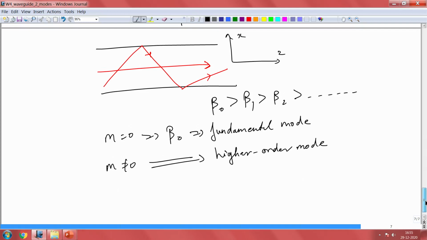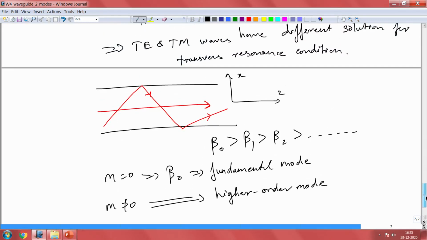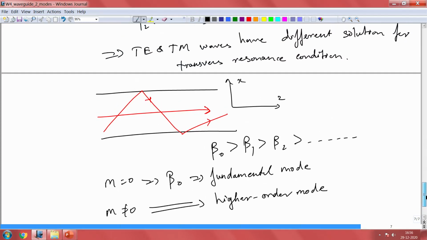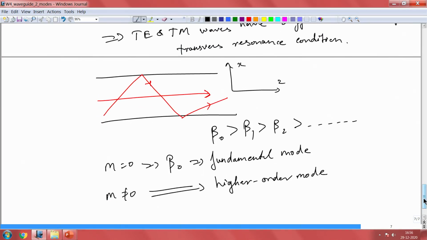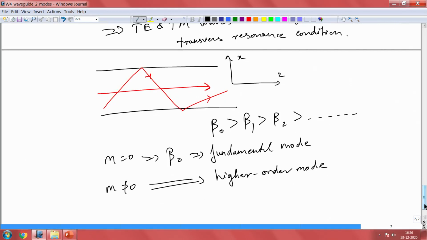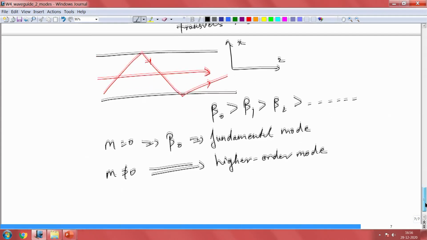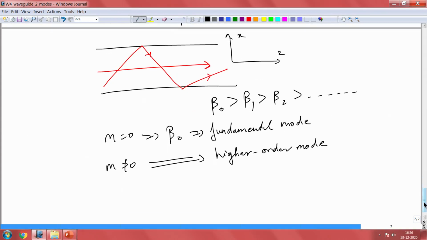So, this is something that one should keep in mind, because m is giving you all the integers that require you to index your modes, and the fundamental mode here is given as m naught or beta naught in this case, and then for m greater than 0 the modes are called higher order modes.